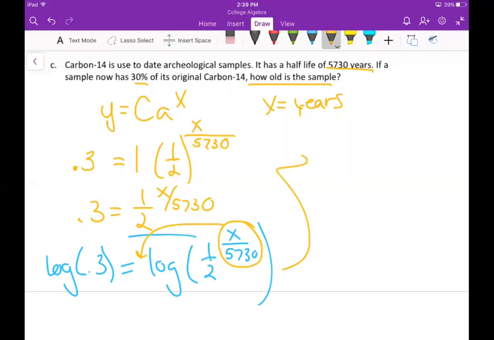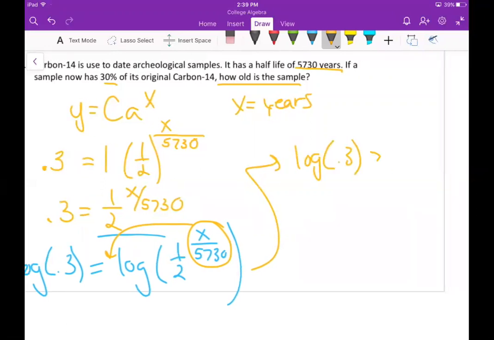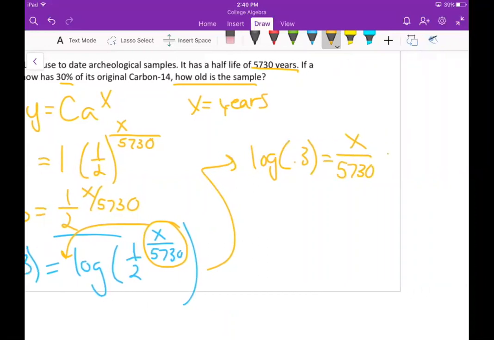So this gives us log of 0.3 equals x over 5,730. That's my entire exponent, which is then going to be multiplied by the log of the base that is left.